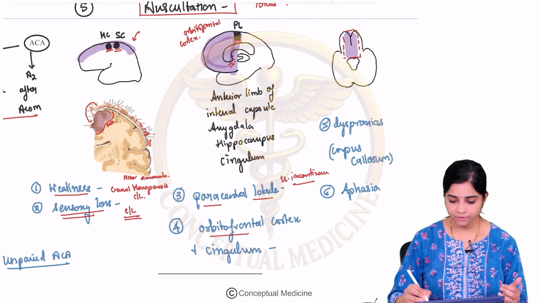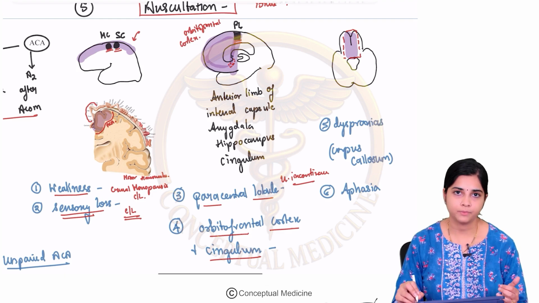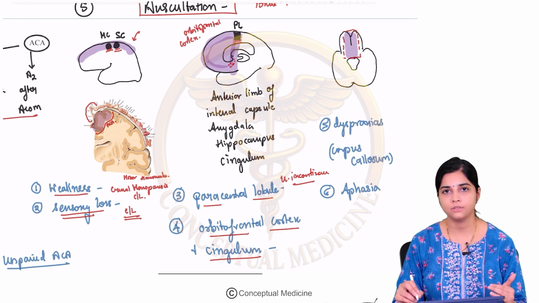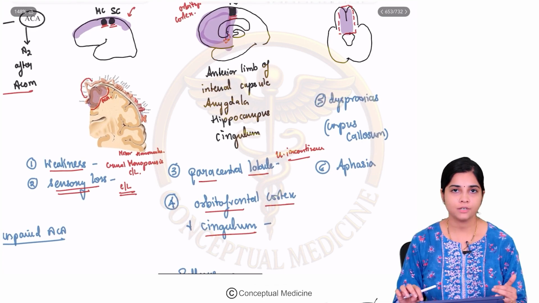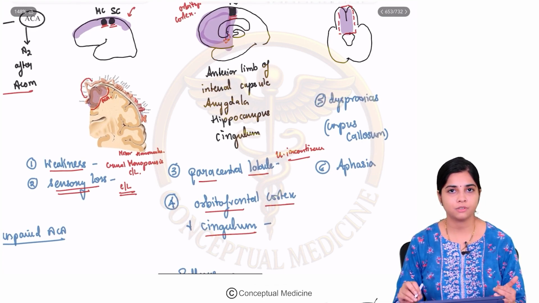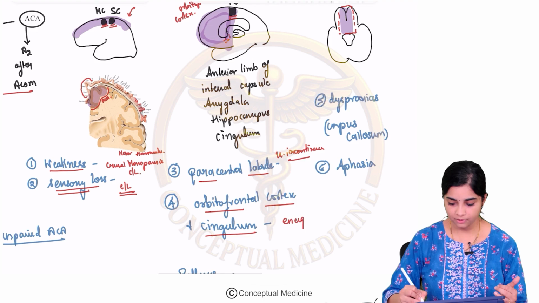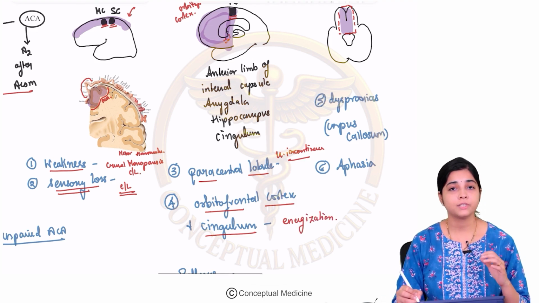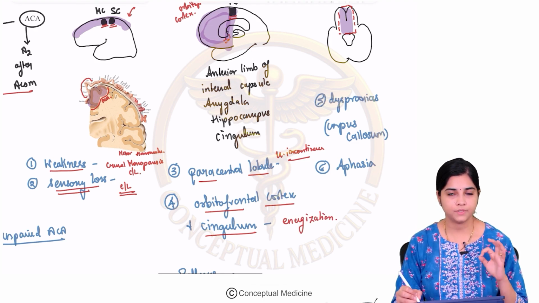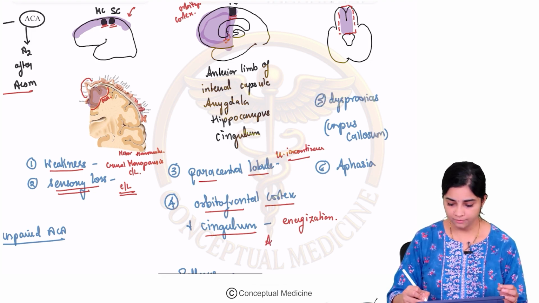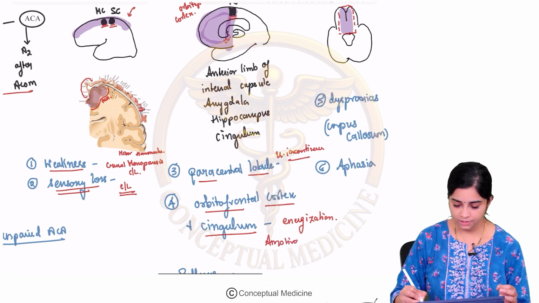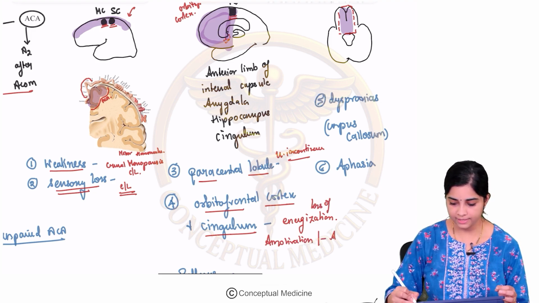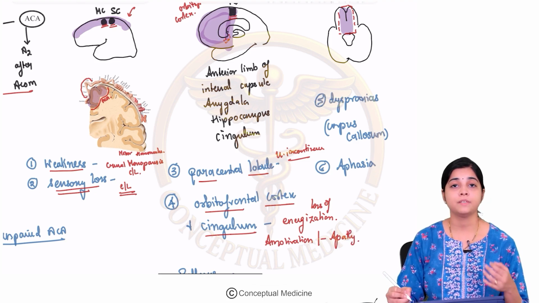Then orbitofrontal cortex and cingulum involvement. What are the functions of the orbitofrontal cortex and cingulum? They are responsible for energization. If the cingulum is affected, there is no energy, and this symptom of amotivation or loss of energization is what we call apathy. The patient will be very apathetic.